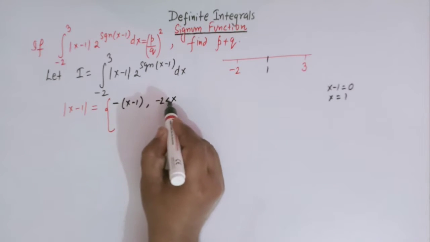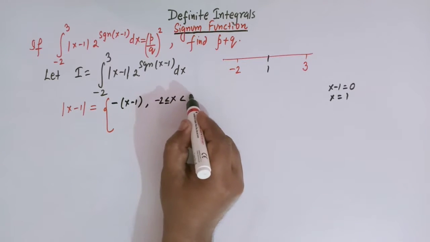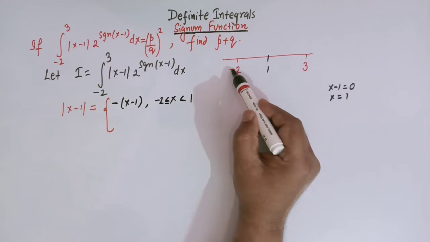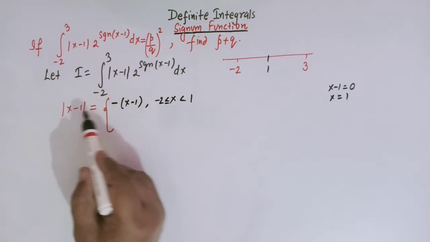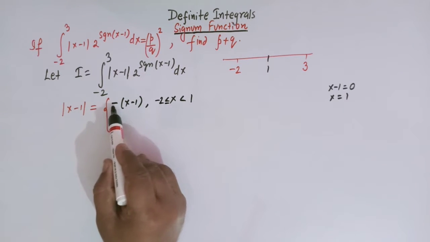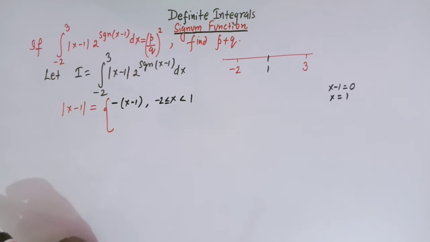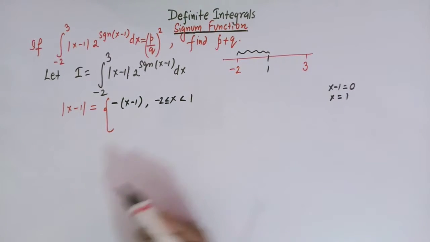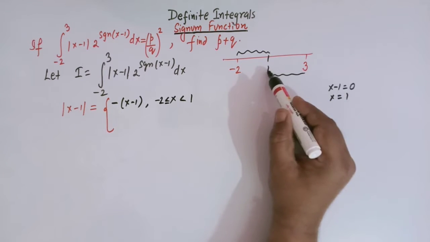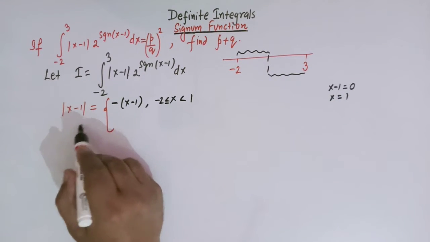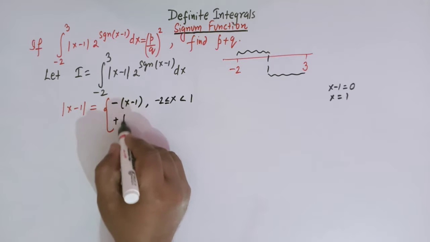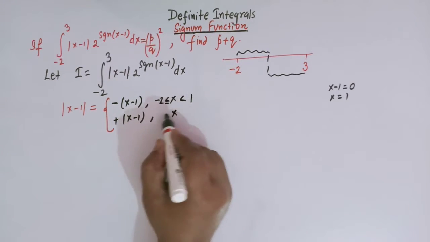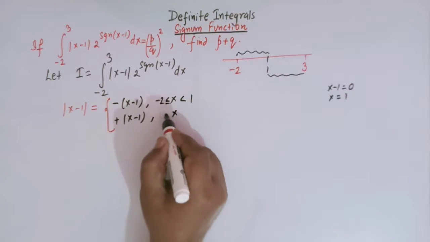The second interval is 1 to 3, where |x - 1| is equal to positive (x - 1) when x lies between 1 and 3.